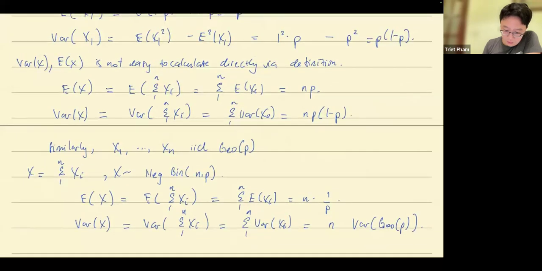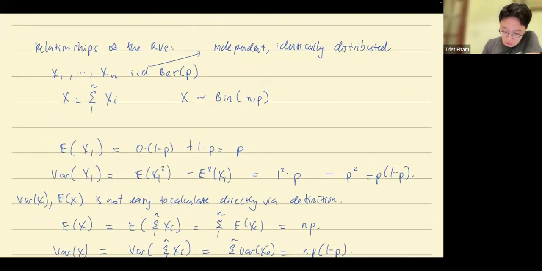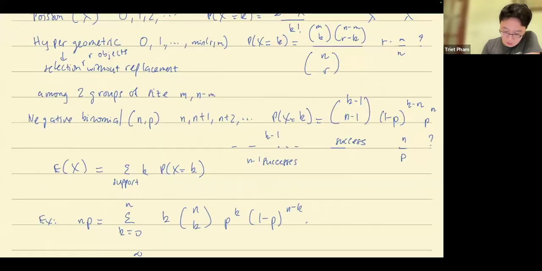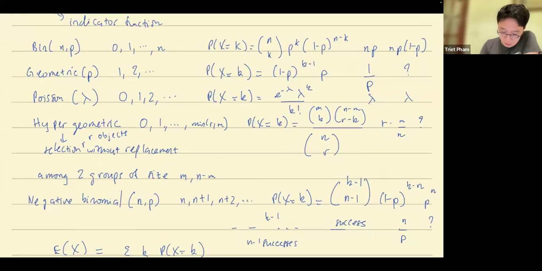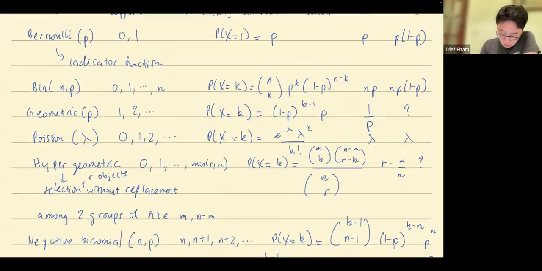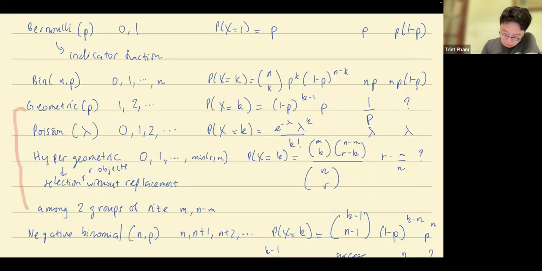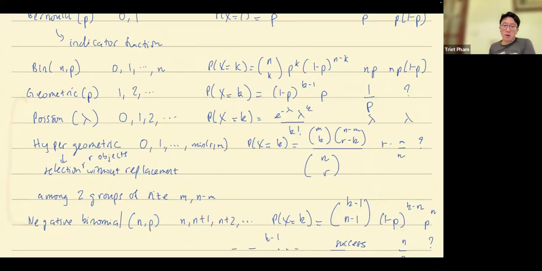The next thing, among these random variables: we talked about the connection between Bernoulli and binomial, and the geometric with the negative binomial. Now, what about the Poisson random variable?